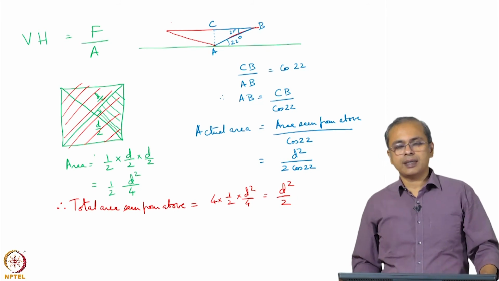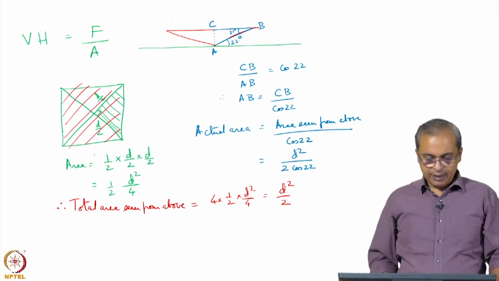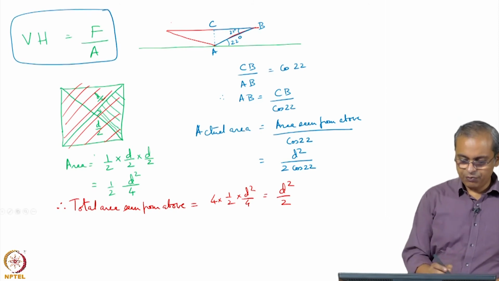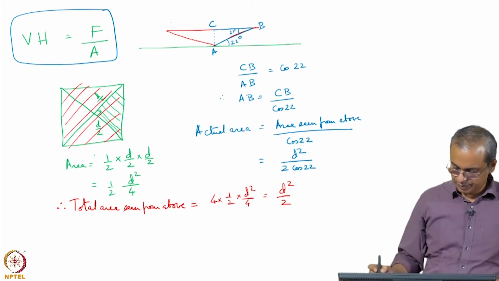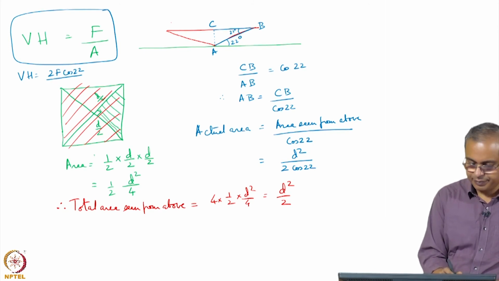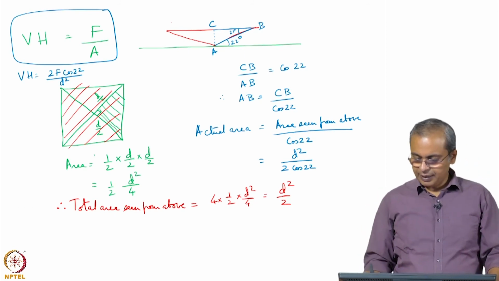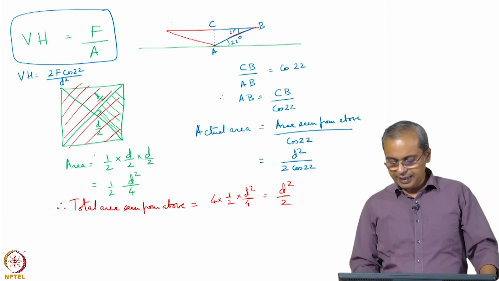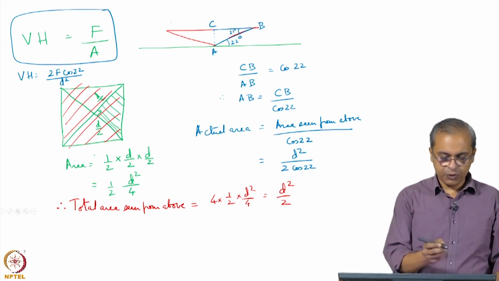This is the actual area, and Vickers hardness is force by area. So Vickers hardness equals F divided by d square by 2 cos 22, and if you rearrange it, you have 2F cos 22 by d square.